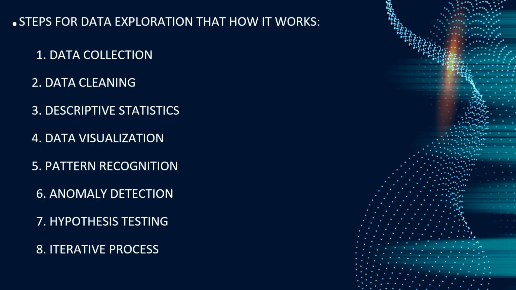So let us see the steps for data exploration, how it works. Firstly, data exploration involves systematically examining and investigating the data to uncover meaningful insights and patterns. Let us see the first step, that is data collection. We can collect the data from various sources online, like a website called Kaggle and many more, or we can even collect real data.